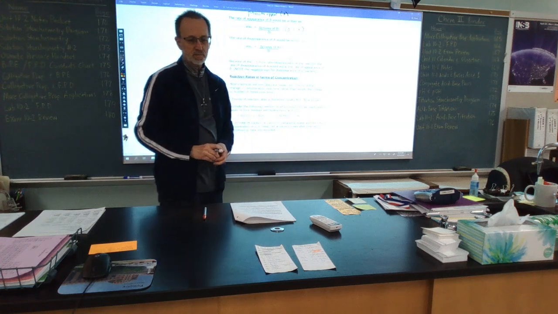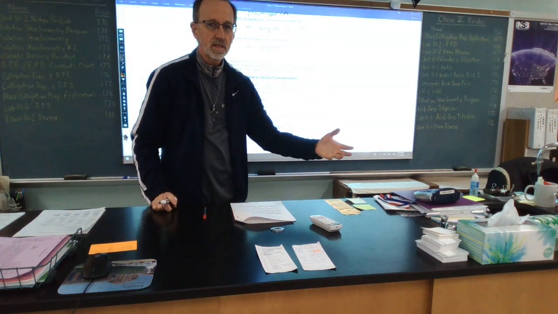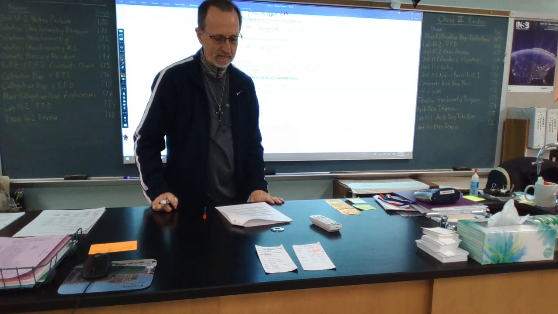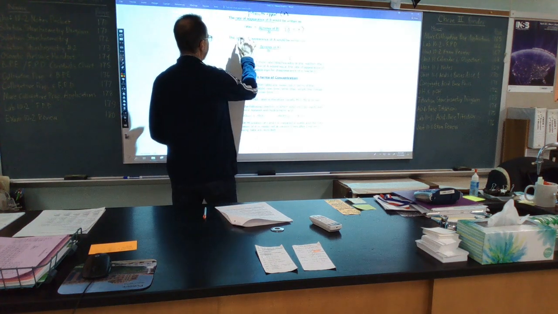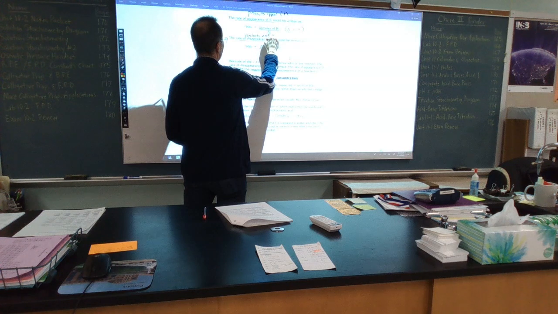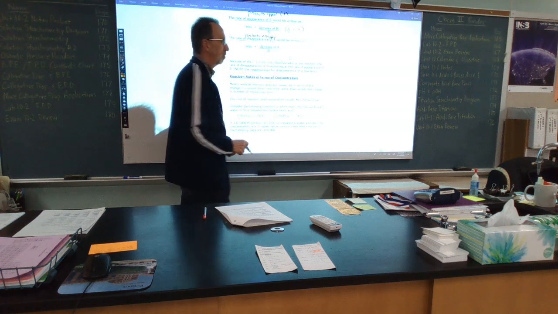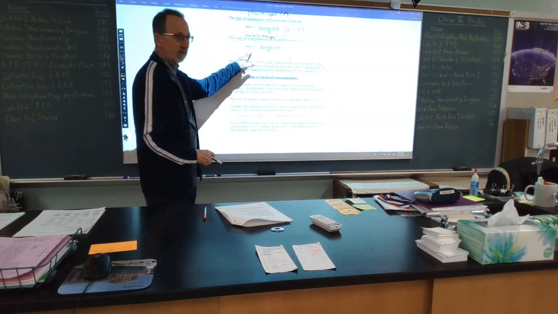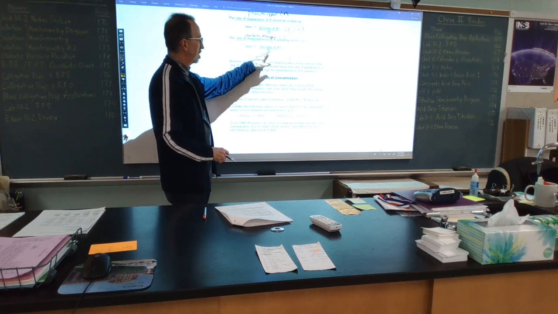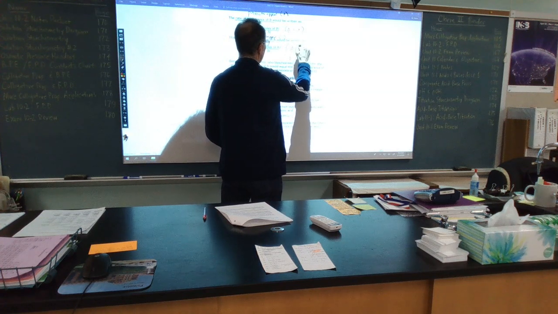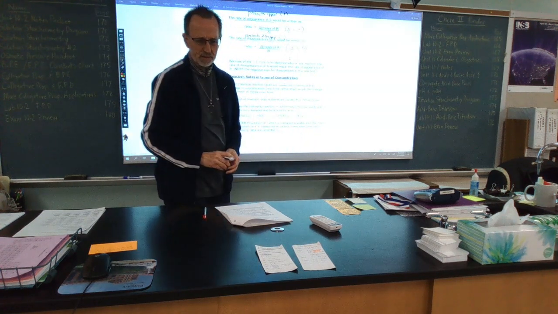A positive change, you're going to have more than you had: final minus initial is positive. Of A, again, reactants disappear. That's why we call it a rate of disappearance. The rate of disappearance of A is the change in moles of A over delta t. That change would be negative.